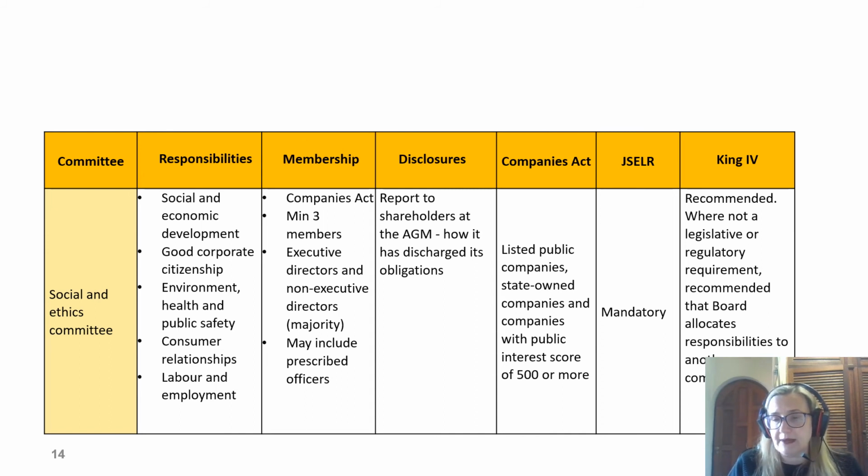This committee needs to make a disclosure to shareholders at the AGM around how it has discharged its responsibilities. And King recommends that if you are not required to have this committee in terms of legislation, then you should at least have a committee or a group of people who are looking at those 5 responsibility areas on behalf of the company.